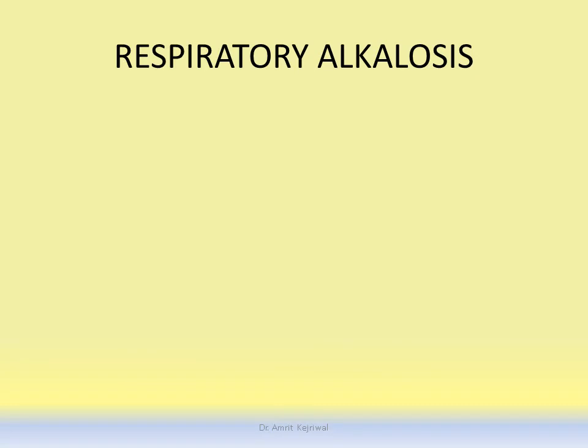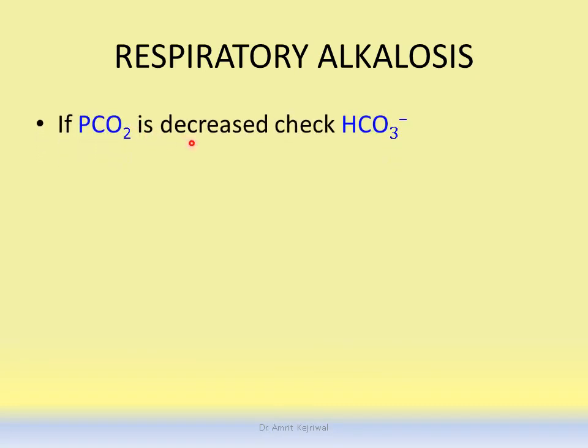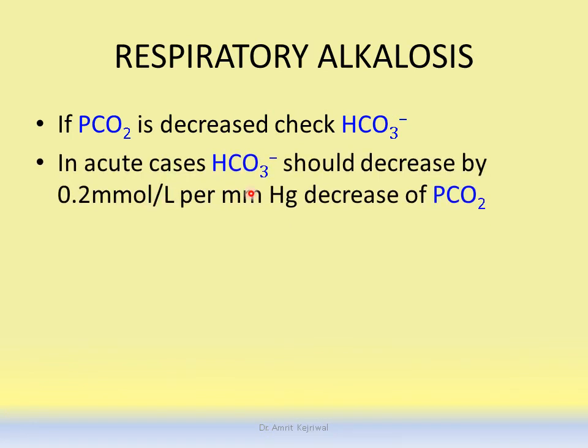Respiratory alkalosis. If PCO2 is decreased, check bicarb. In acute cases, bicarb should decrease by 0.2 millimole per mmHg decrease of PCO2. So if PCO2 decreases from 40 to 30, the bicarb should decrease by 2. Normal bicarb is around 24.